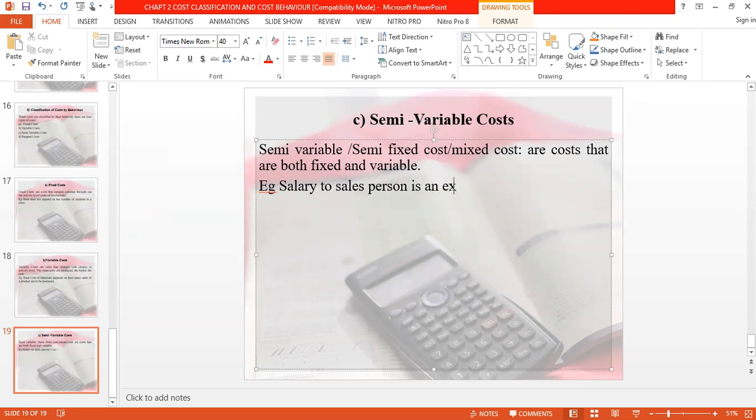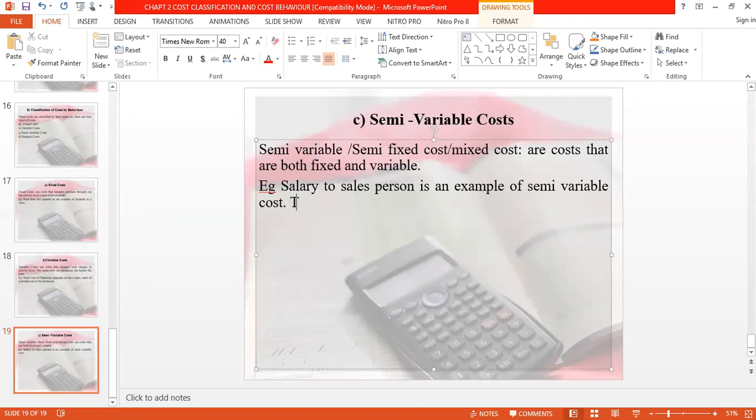is an example of a semi-variable cost. Salary, e.g., salary of a salesperson is an example of a semi-variable cost.